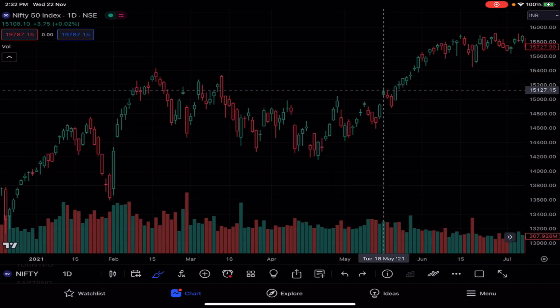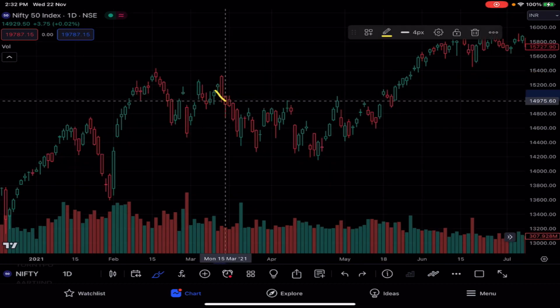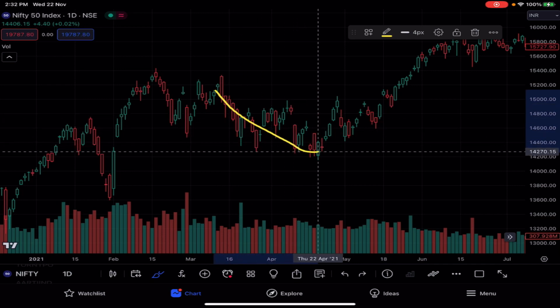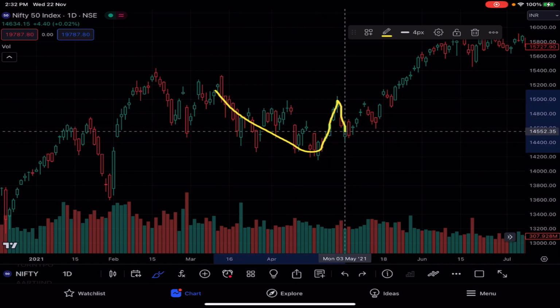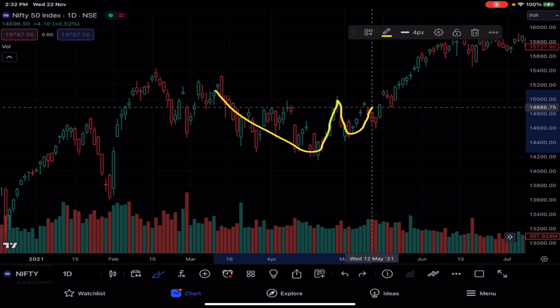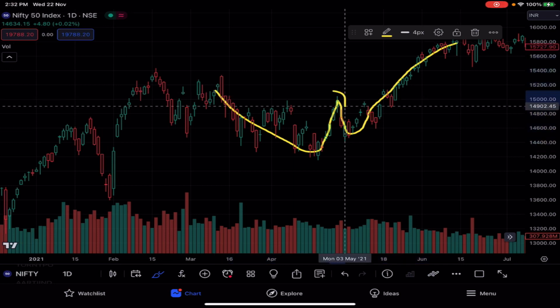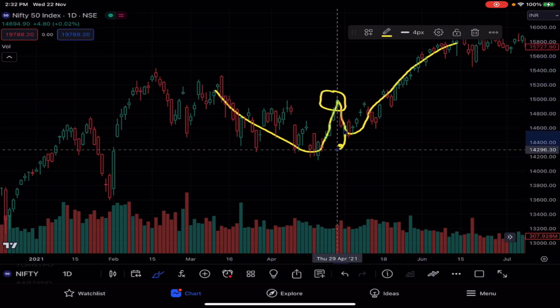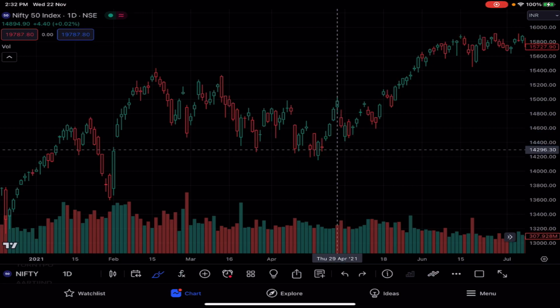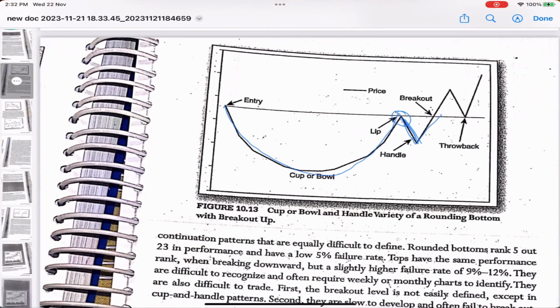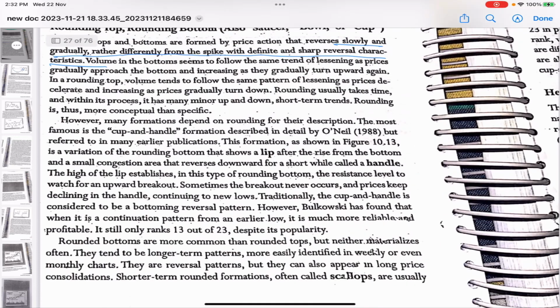Yeah, so if you look at this, the price has been coming down, went up, came down, but didn't go till that bottom and went up again, and then it went up. So this is one of my rounding saucer patterns, or a cup and bowl. This part is my lip, this is my handle. Let me go back to the theory and complete the theory, whatever was there.